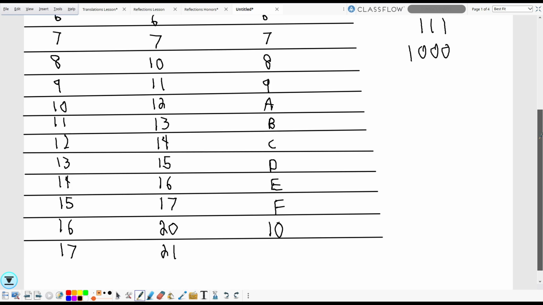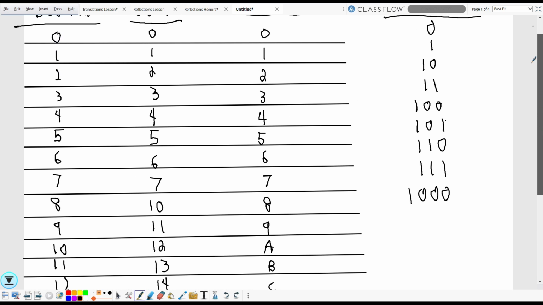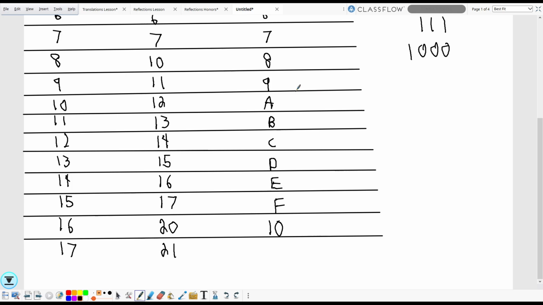If you count it out, from 0 to 9 that's 10 digits, and then A is the 11th digit, B is the 12th digit, C is the 13th digit, D is the 14th digit, E is the 15th digit, and F is the 16th digit. Remember, that's including 0.